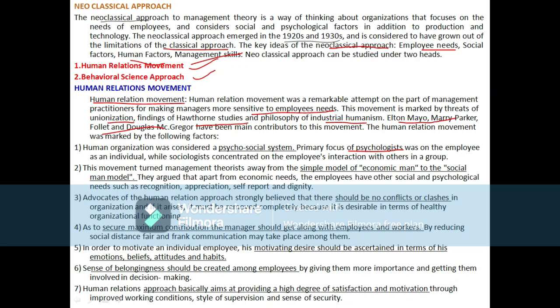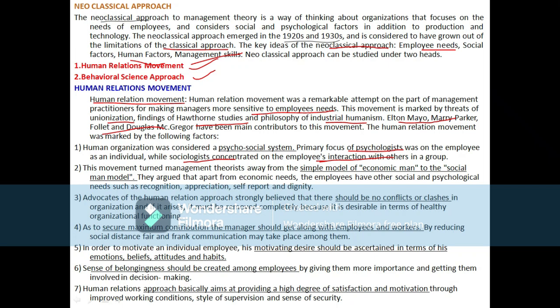Sociologists concentrate on the employee's interaction. The psychologist sees the employee as an individual person, while the sociologist sees not only the person but also the employee's interaction with other groups or people. This is the first factor considered under the human relations movement.